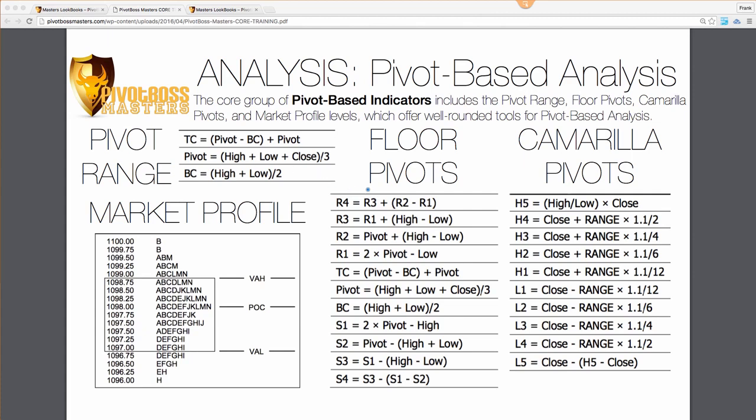Number one, floor pivots right here, as I mentioned, made famous by Larry Williams there, and he talked about it in his book, and from there it got picked up a little bit more, and everybody started using some form of pivots like this.